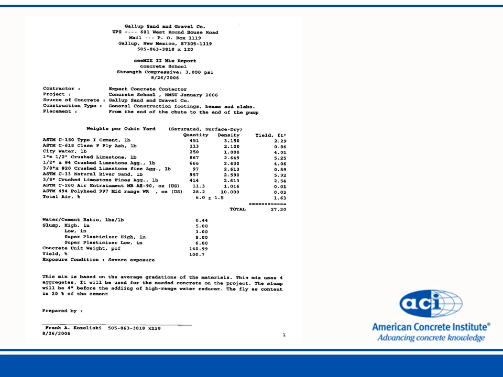Then they provided the yield, then the water cement ratio, what the high and low slump were, what the high and low slump would be with superplasticizer. It would give me the concrete unit weight, so that the engineer had as much information as possible for the concrete mix design to go in with the submittal.